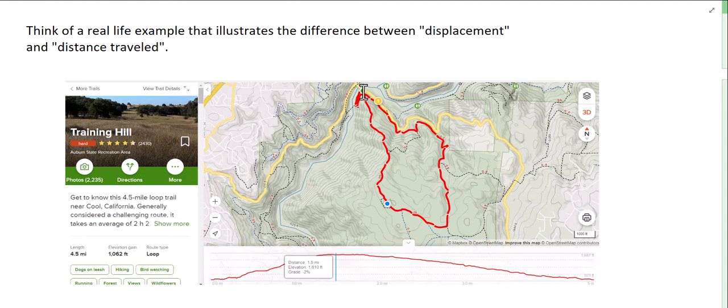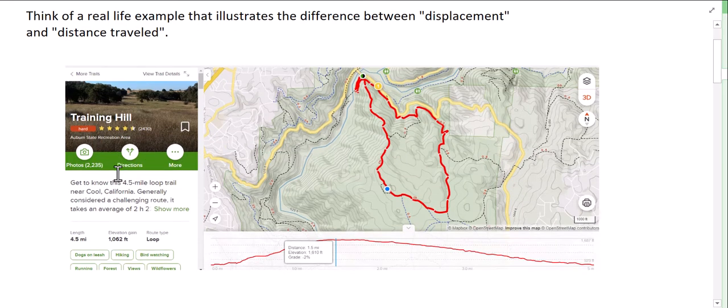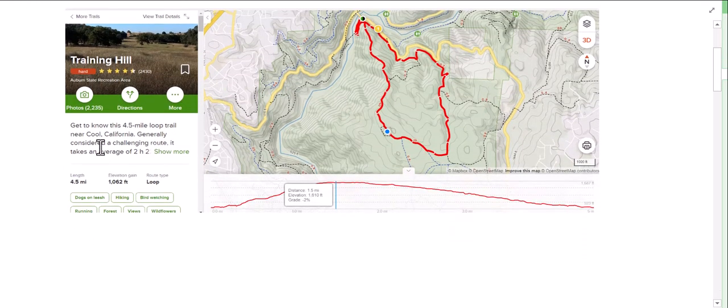So in this case, your displacement will be 0, because where you started and where you ended is the same spot. But noticing the information for this trail, this is a 4.5-mile loop trail.